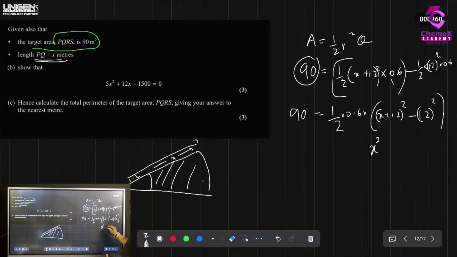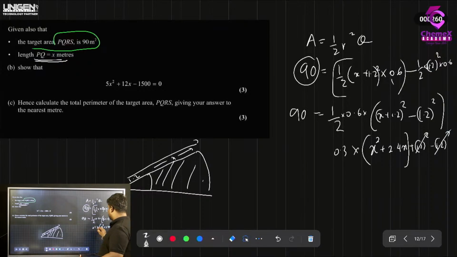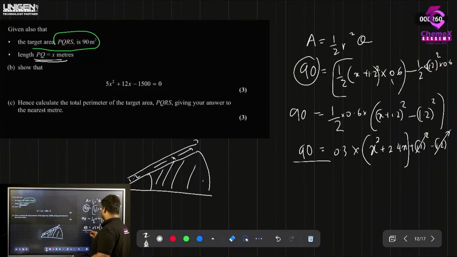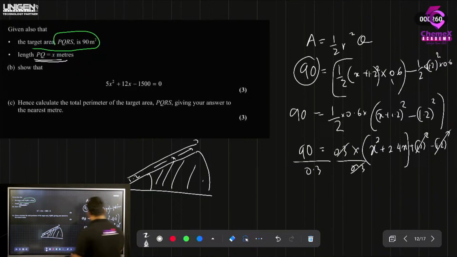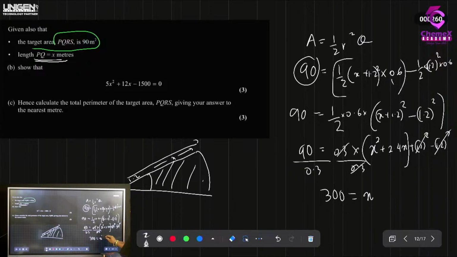Inside the bracket it will be x squared plus 2.4x plus 1.2 squared minus 1.2 squared. They both cancel off. Then you get 0.3 times (x squared plus 2.4x) equals 90. So 90 divided by 0.3 on both sides is 300.